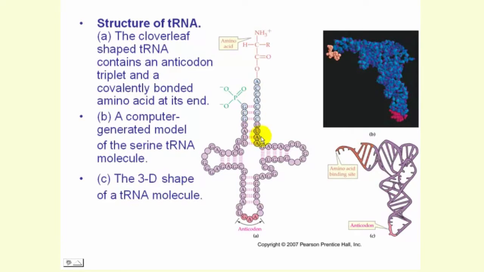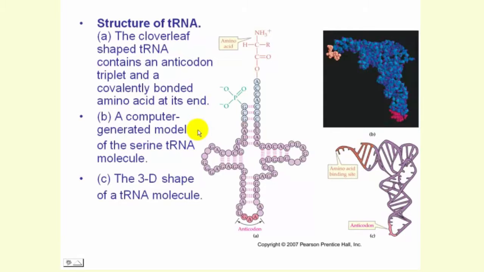Let's go ahead then and talk about the structure of transfer RNA. Transfer RNA has this cloverleaf type structure, and what it contains is an anticodon triplet right here and a covalently bonded amino acid at its one end. The anticodon of each transfer RNA is complementary to a messenger RNA codon, always the one designating the particular amino acid that the transfer RNA carries.